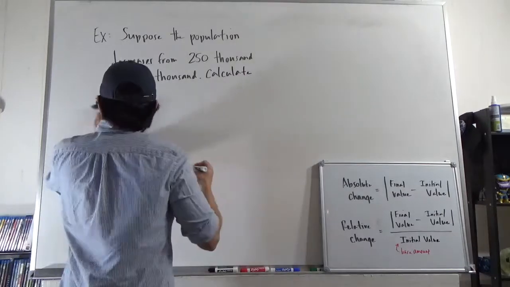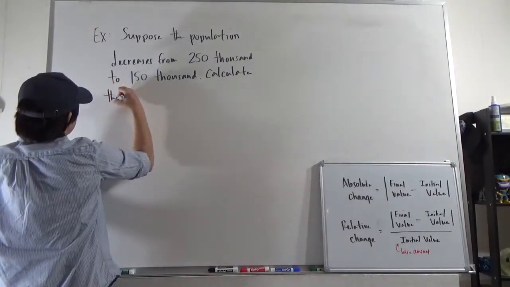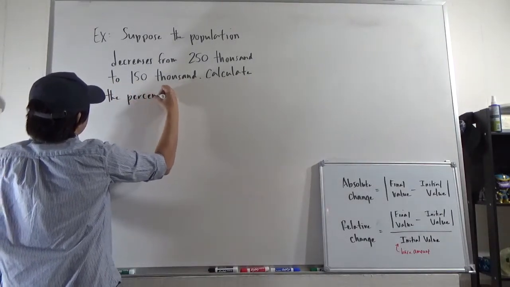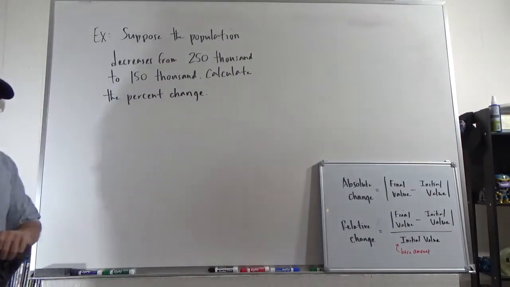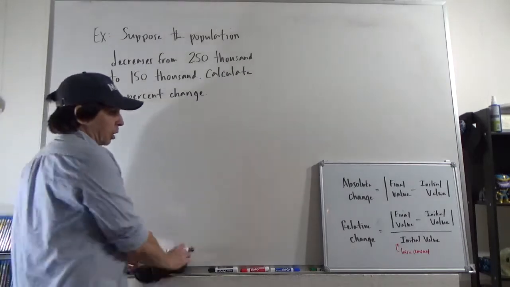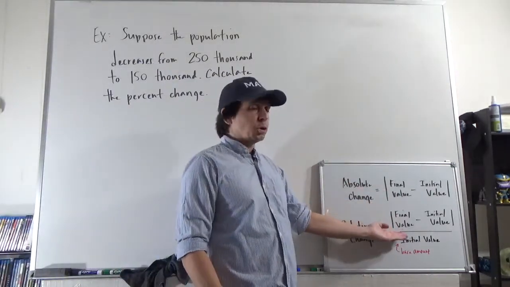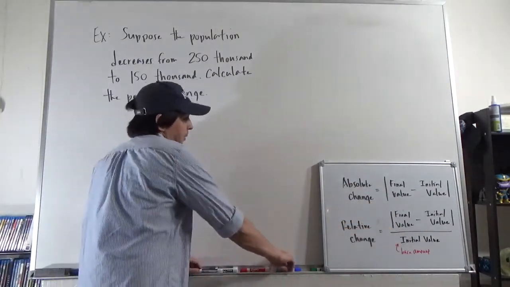Calculate the percent change. So not two parts, just the percent change, not an absolute change as well, but it requires us to do it anyway in the numerator of the computation. So we'll ultimately be doing it anyway.